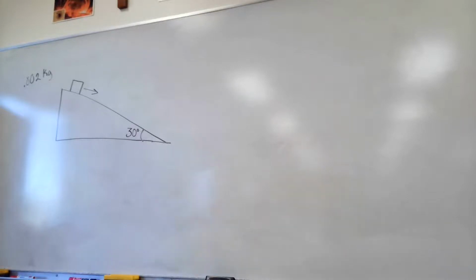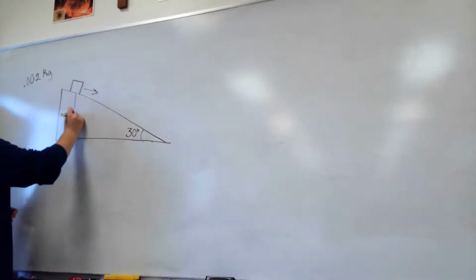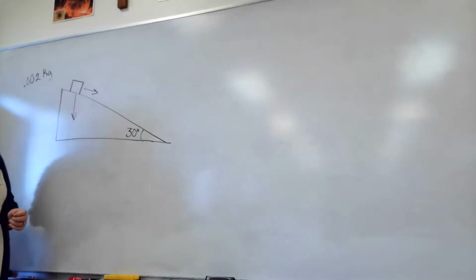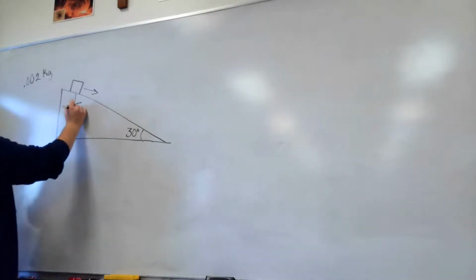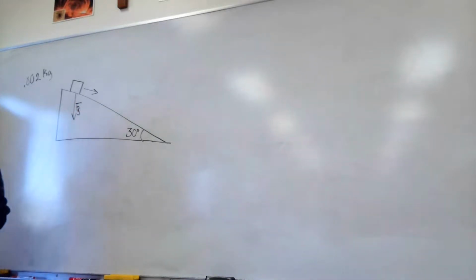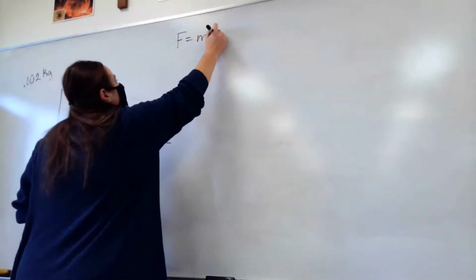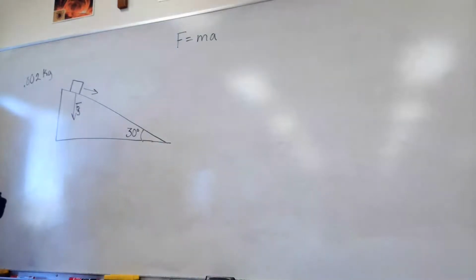We know that gravity points directly downward, so this is our force of gravity. Do we know some possible equation that might relate force to acceleration? F equals ma. Okay, so we've got F equals ma. That's going to be very useful for this equation.